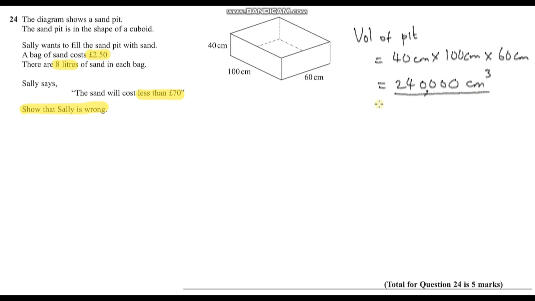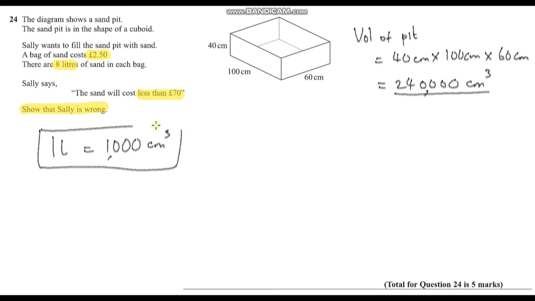240,000 centimetres cubed. Now, if we're looking at how much sand is in each bag, they've given it to us in litres, but we can convert that into centimetres cubed, because 1 litre is equal to 1,000 centimetres cubed. So obviously this is a conversion that is not given to you, so you do need to know this. The easy way to think about this is a litre box.